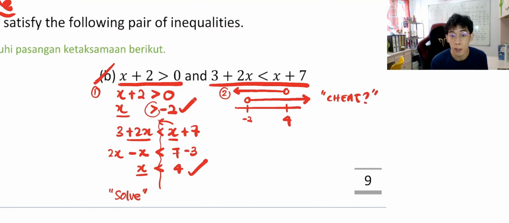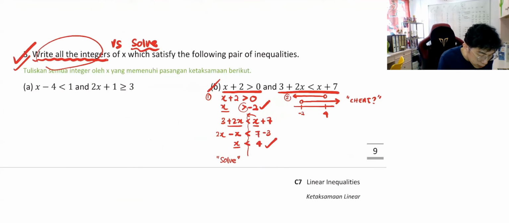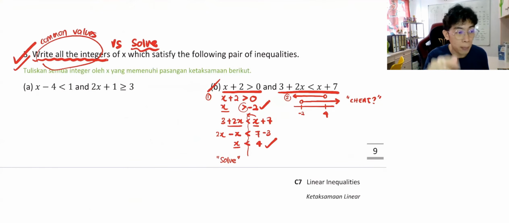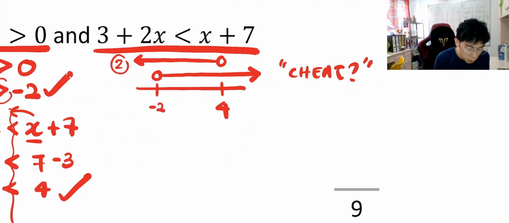There's a reason. Because eventually, in order to read all your integers, sometimes they will say the words common integer values, all the common values. Common value means, what is common? Common means same value, correct? Now, you move here. Agree or not?